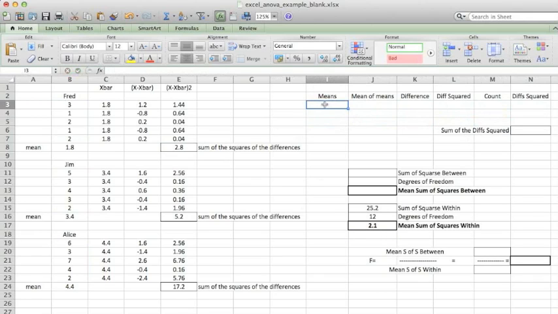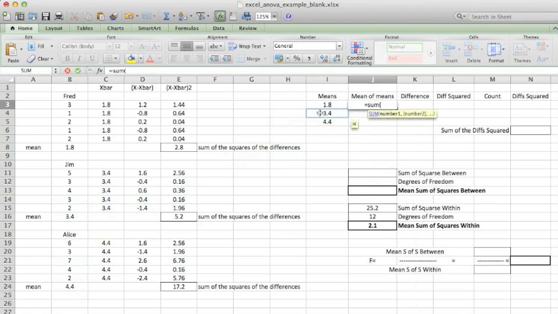Let's organize the values for the means of each group over in another part of our spreadsheet so that we can work with it. Now let's calculate an overall mean for all of the values in all of the groups.